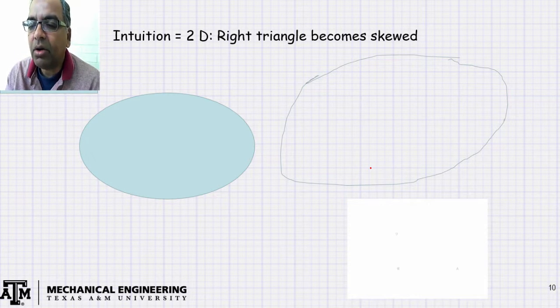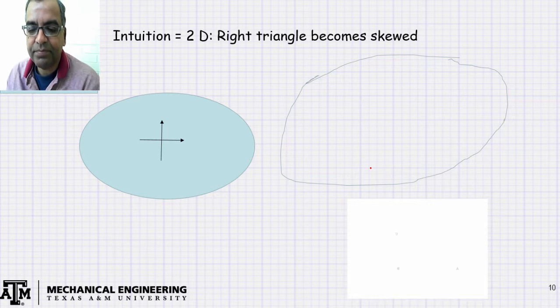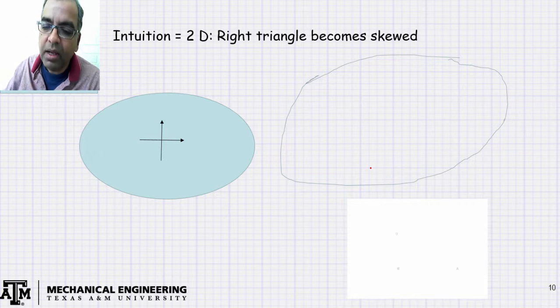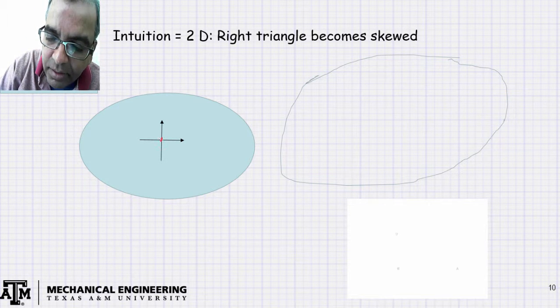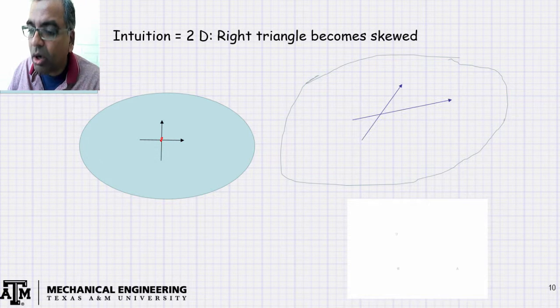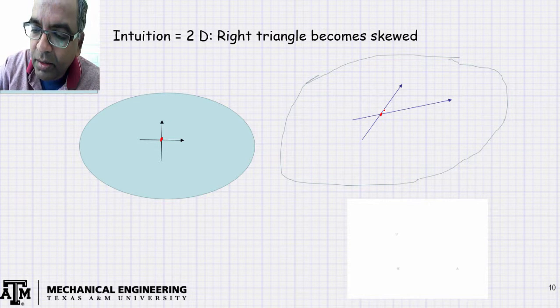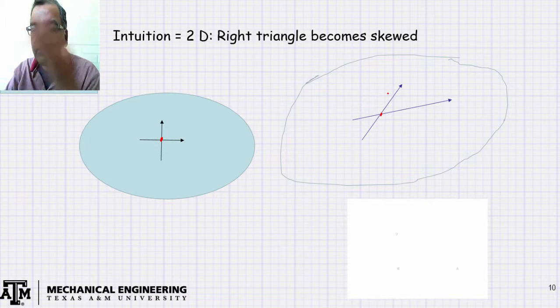If I want to find out local changes in shape, I'll pick a point and draw two lines. That's my cross in the beginning, plus sign. Okay, and this is the point that I'm interested in, there, that point. When I deform it, locally it will become like this. So what used to be two straight lines become two kind of skewed lines.